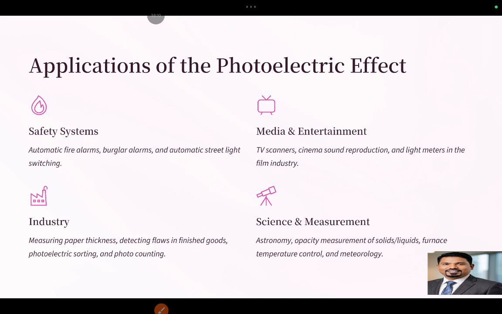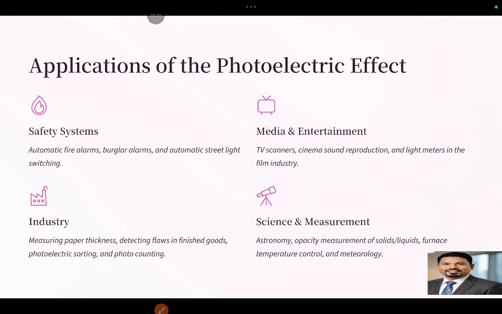Applications of the photoelectric effect: safety systems, industry, media and entertainment, science and measurements. In safety systems, automatic fire alarms, burglar alarms, and automatic street lights use the photoelectric effect. TV scanners, cinema sound reproduction, and light emitters are used in film industries.